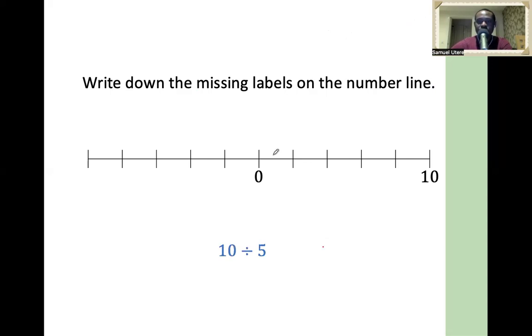So to find out what each of these intervals go up by, so to be able to fill this bar here with the correct number, we have to divide 10 by 5. So the number will go up in twos. So we're adding 2 every time. So if we do that, that becomes our number line.